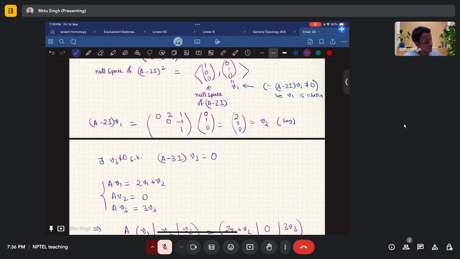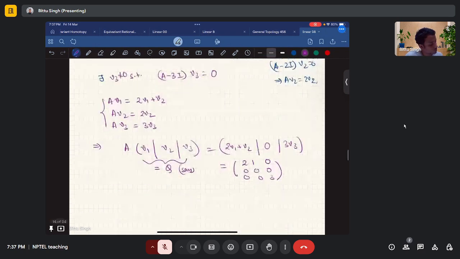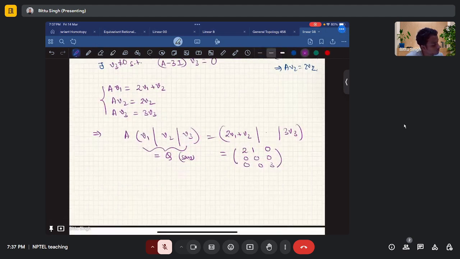Null space of this A minus 2I v2 belongs to null space of A minus 2I. That means A minus 2I v2 equal to 0. So A v2 is 2 v2. So there I have made a mistake. So A v2 is same as 2 v2.